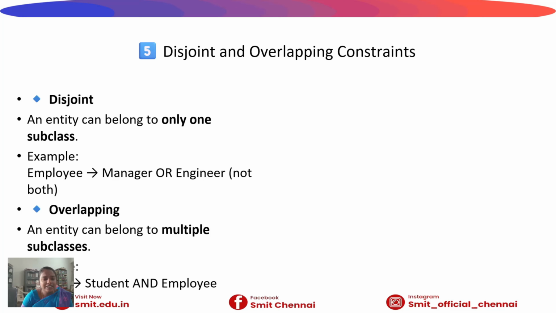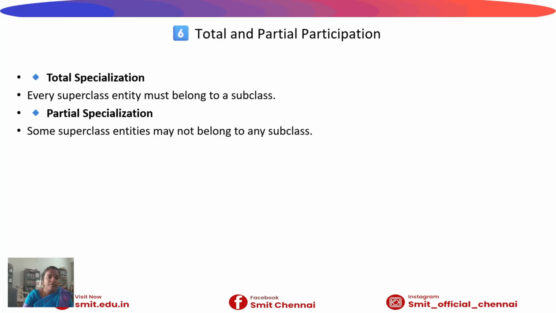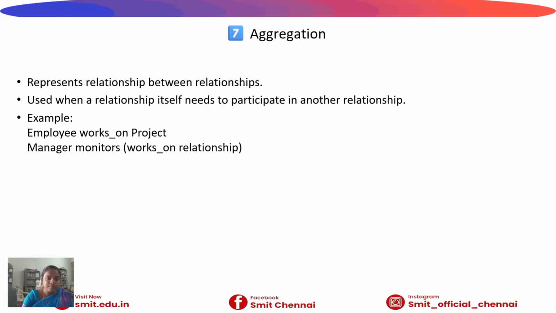An entity can belong to multiple subclasses. For example, a person can be a student and an employee. Moving on to total and partial participation: total specialization means every superclass entity must belong to a subclass. Partial specialization means some superclass entities may not belong to any subclass.